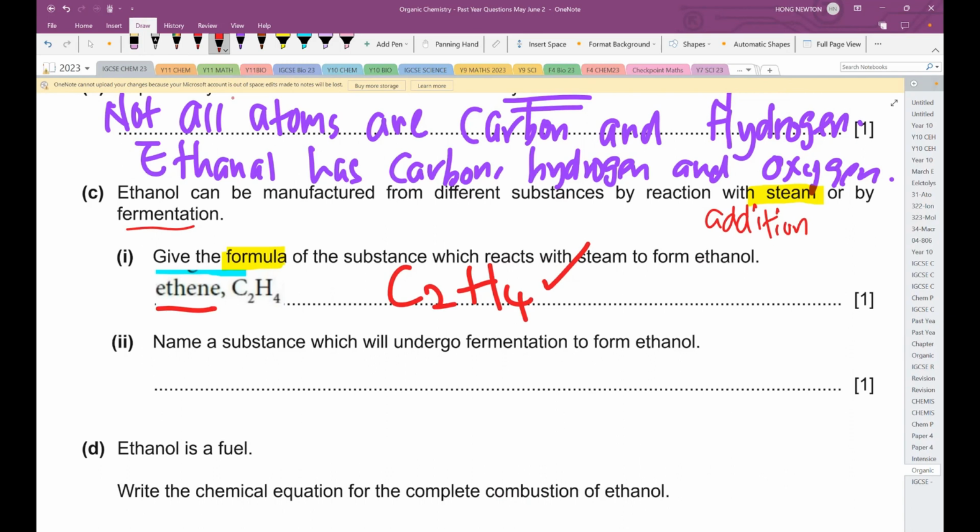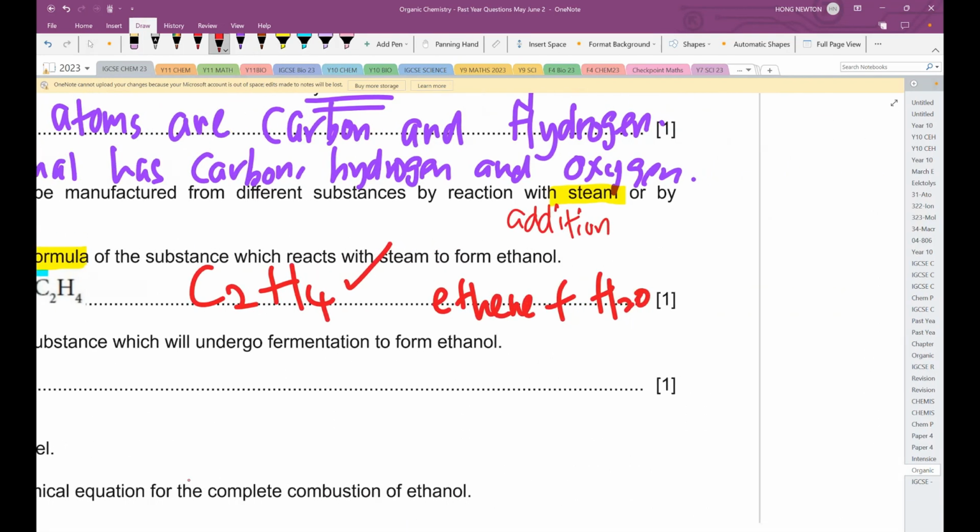Okay. Remember, during the addition of water process, ethene plus H2O, water, then becomes ethanol.